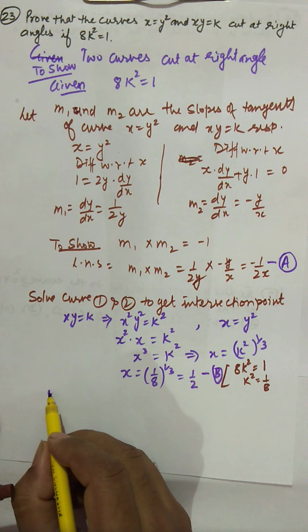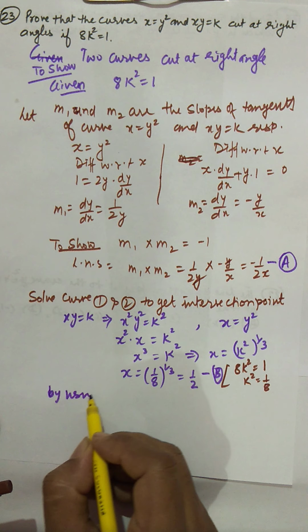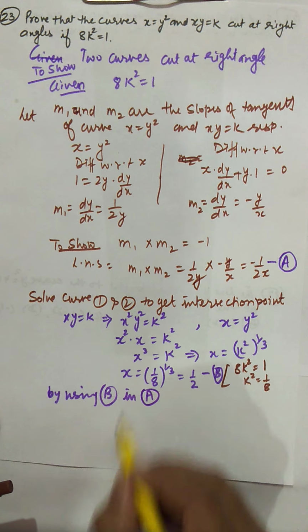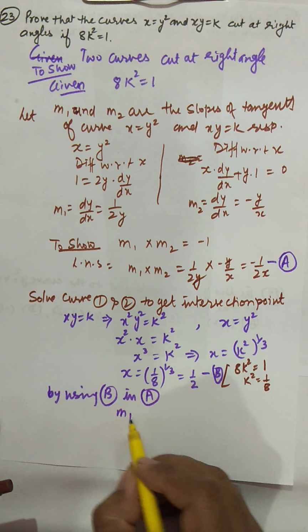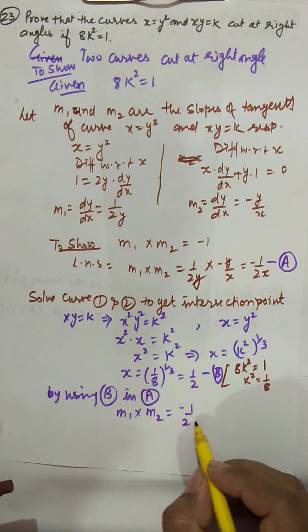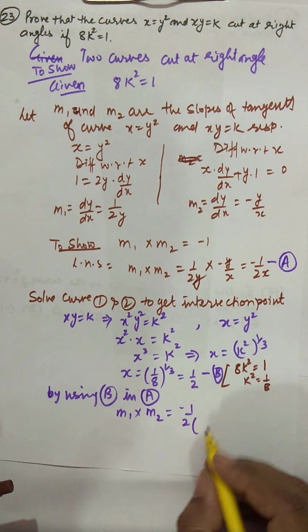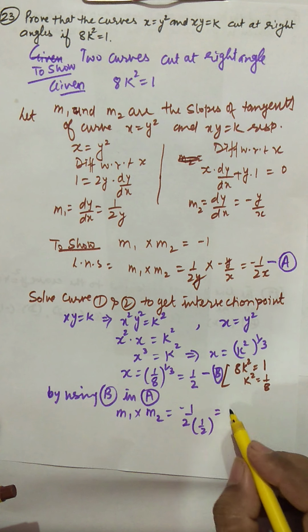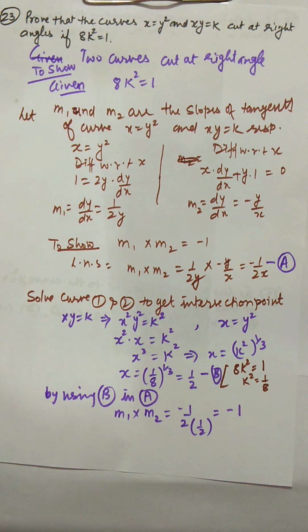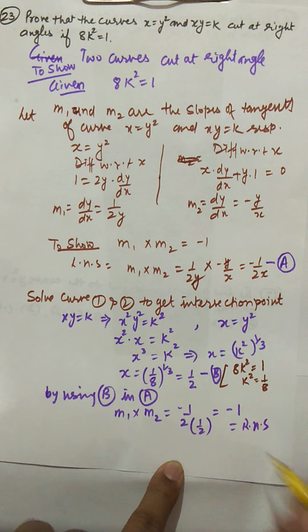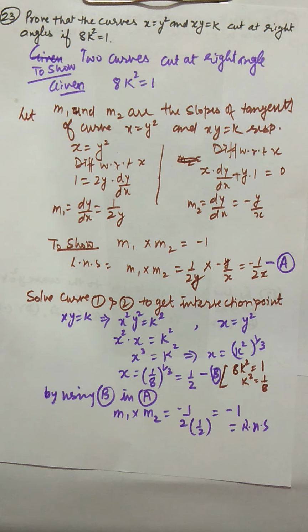So by using b in a, what do we get? m1 into m2 is equal to minus 1 upon 2, and the value of x is 1 by 2. You can see this gets cancelled, and this is now coming equal to minus 1. We have proved this is equal to RHS. So this is how this question will proceed.